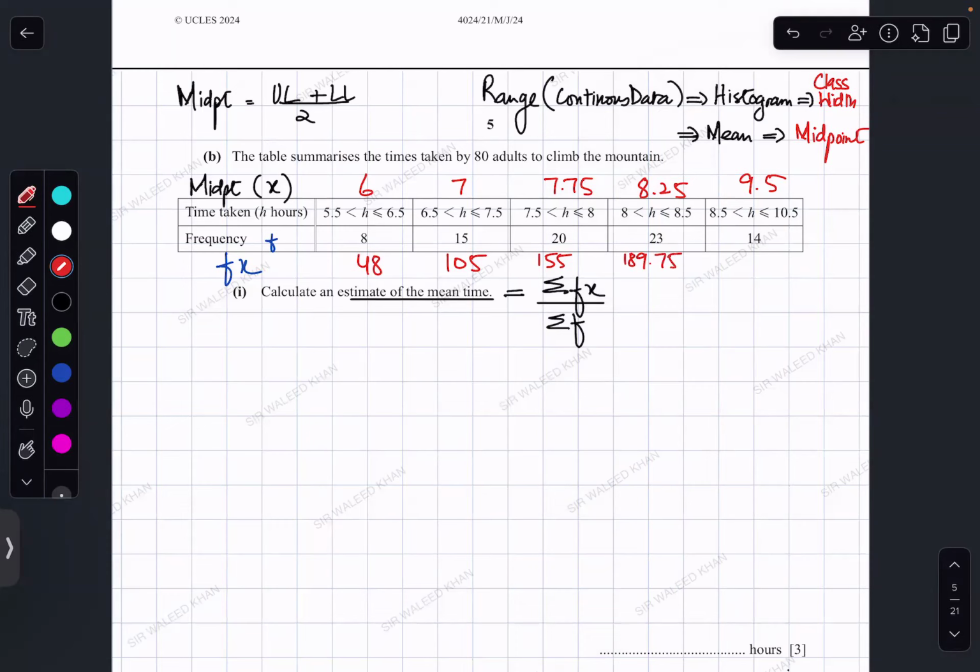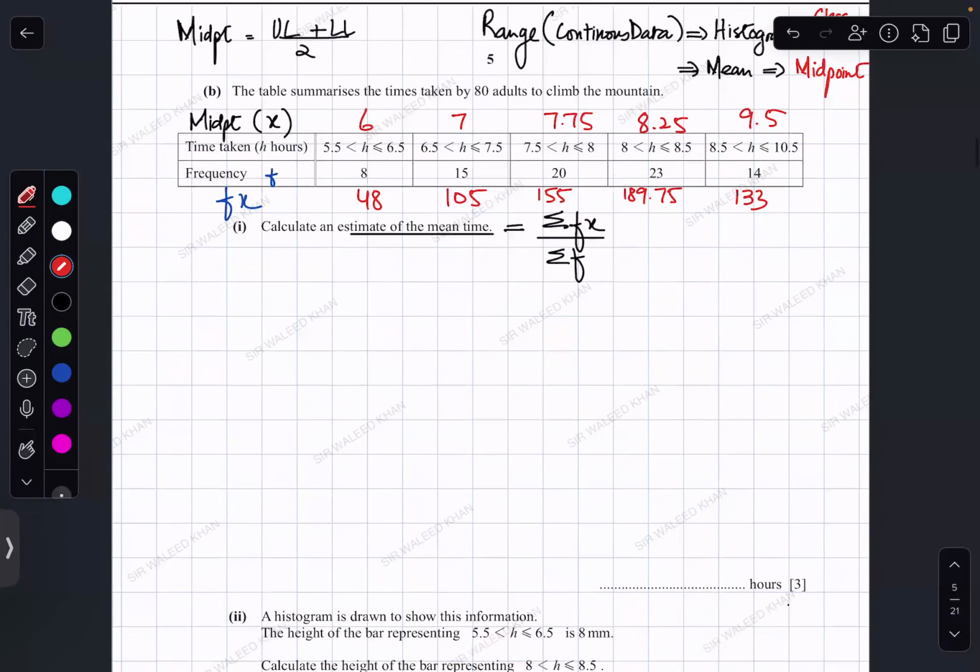This should be 9.5 times 14, that is 133. Okay. So sum all these values, divided by the total of frequencies, which is 80. So the answer given over here is 7.88.